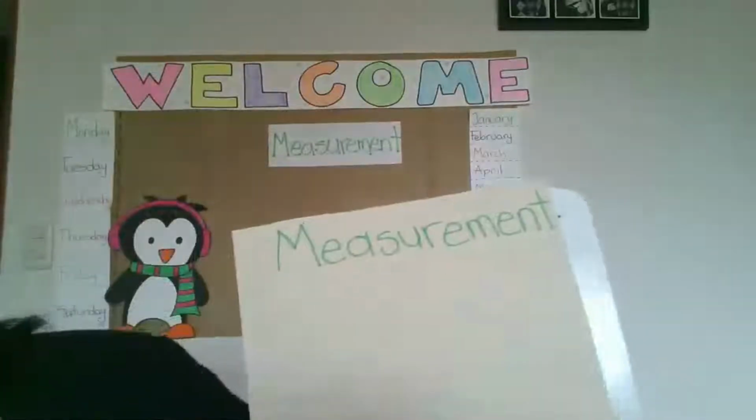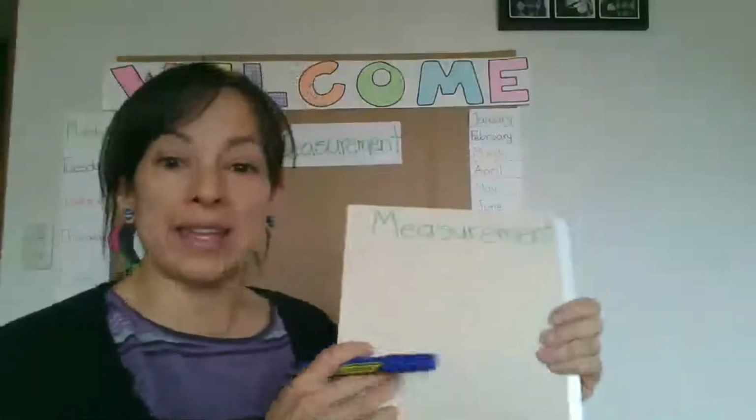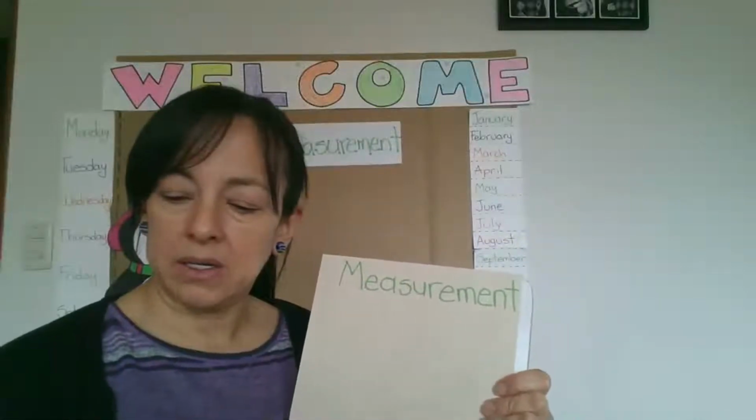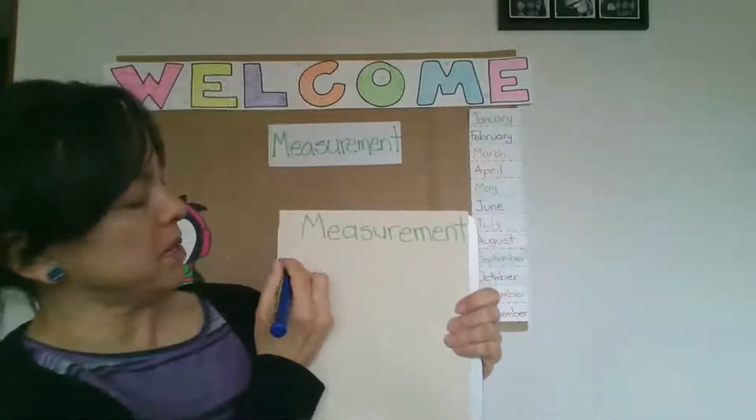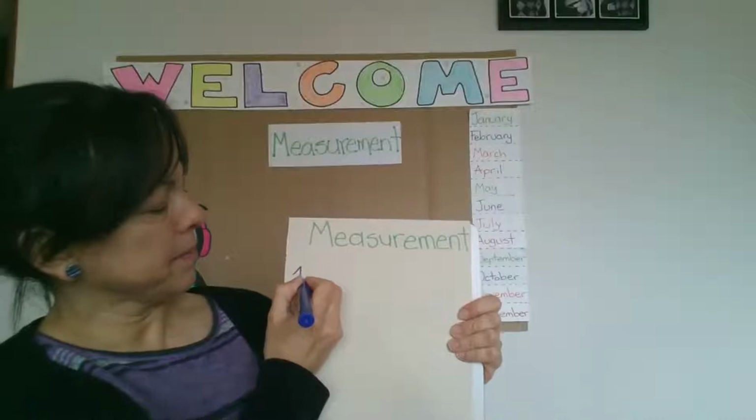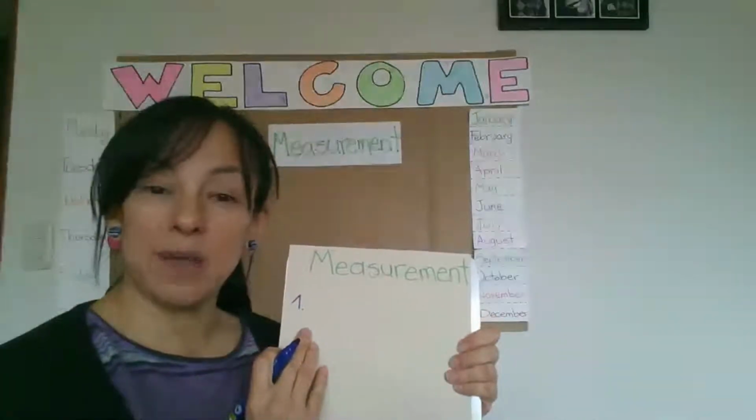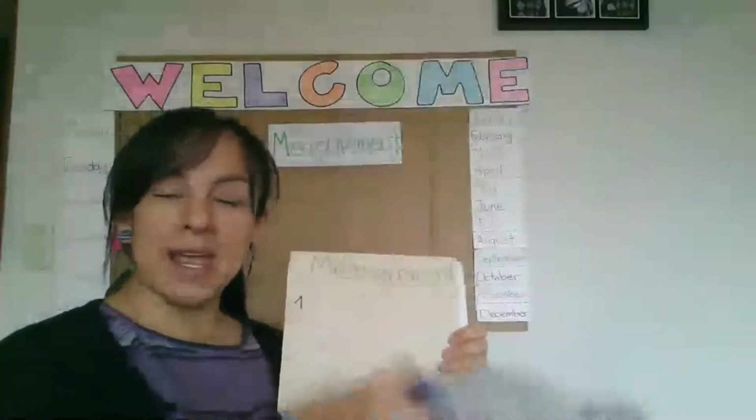With your pencil, let's write number 1, because that's the first toy we are going to measure, number 1. And we are going to write the name of the toy, gray bear.